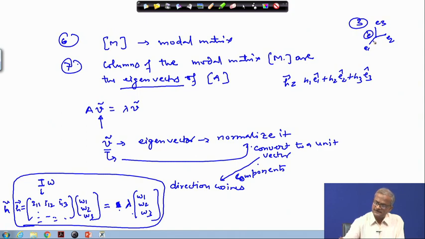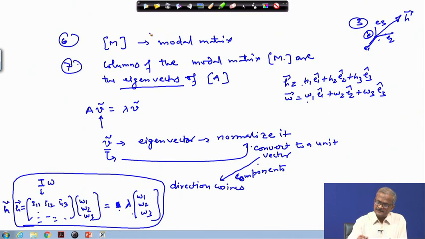In this frame you are taking the components of the h vector along these directions. Similarly, you can write omega as omega 1 E 1 cap, omega 2 E 2 cap plus omega 3 E 3 cap. In general, h and omega are not parallel.